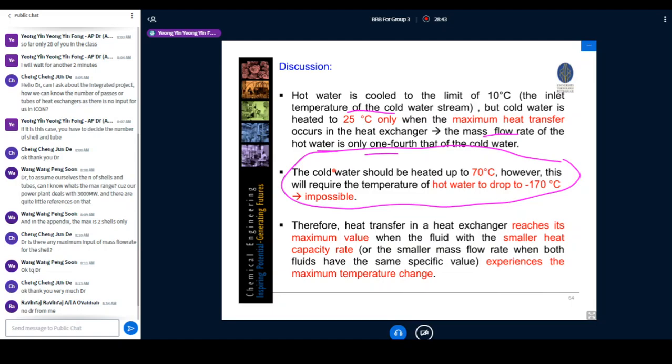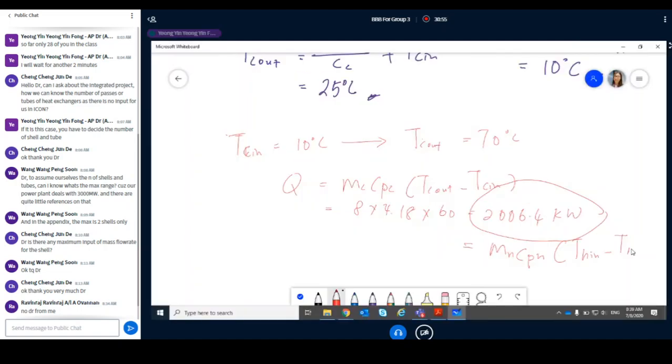mH CpH times (TH in minus TH out). So here you can get your TH out: TH out equals TH in minus Q divided by mH CpH.